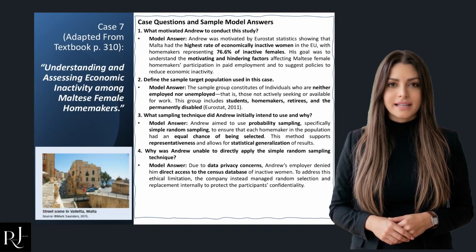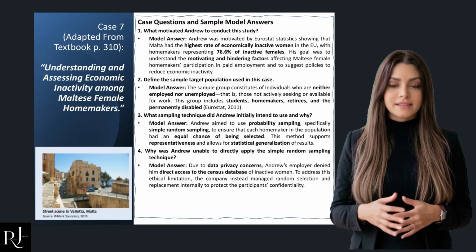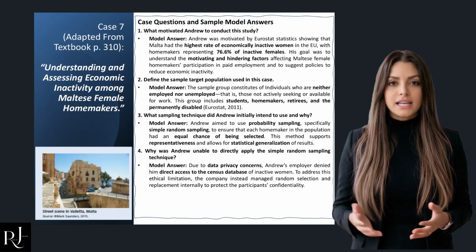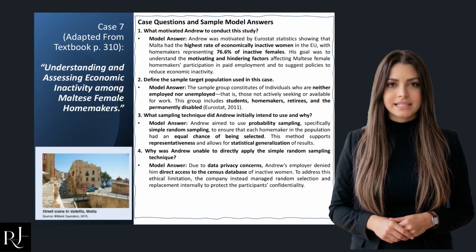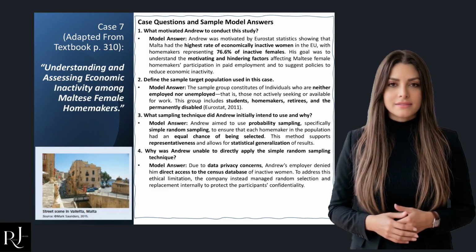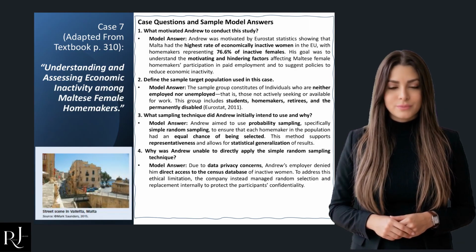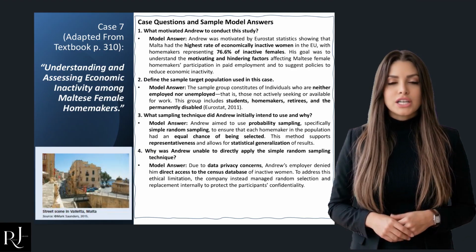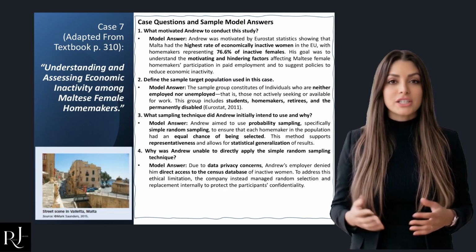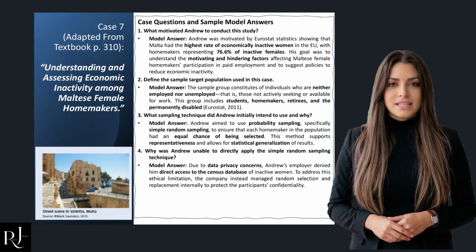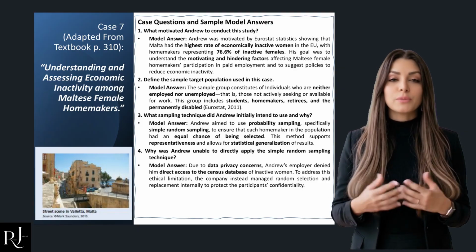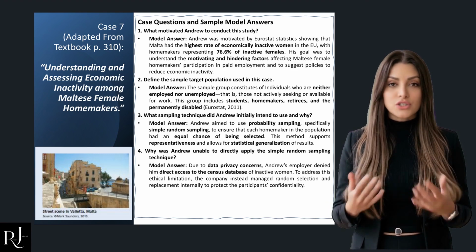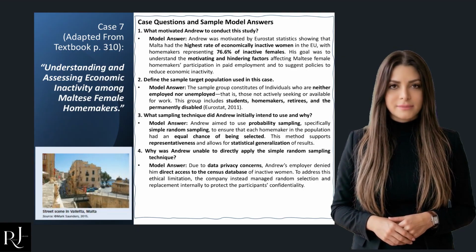Andrew was motivated by the high rates of economic inactivity and wanted to suggest policies to help women enter the labor market. His target population was specifically those economically inactive, which includes students and homemakers. He initially intended to use probability sampling to ensure each homemaker had an equal chance of selection, allowing for statistical generalization. However, he could not apply simple random sampling directly because of data privacy concerns regarding the census database.